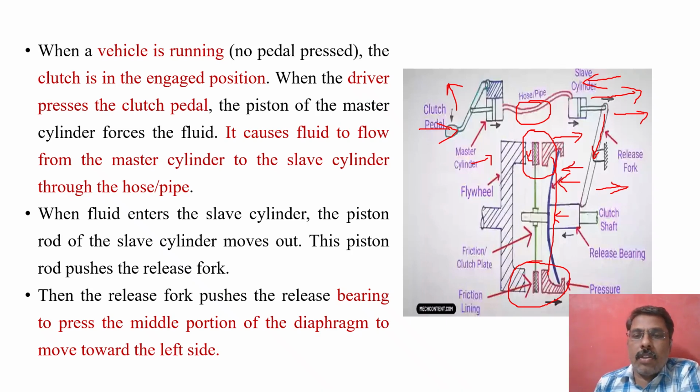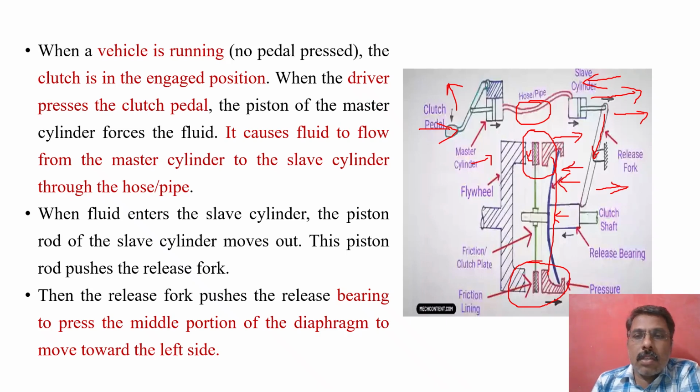Whereas in the hydraulic clutch, oil is the medium to execute the clutch action through the slave cylinder and master cylinder. So this is the major difference between the frictional clutch and hydraulic clutch.